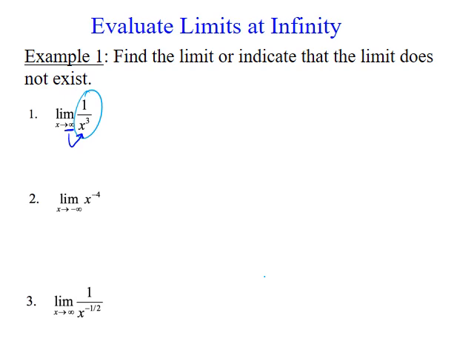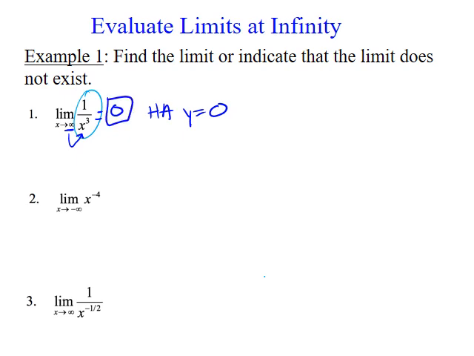So think about what's happening. We can compare this to a function that has a horizontal asymptote at y equals 0. This function is going to be approaching 0. So there is a horizontal asymptote at y equals 0, and this limit is 0.